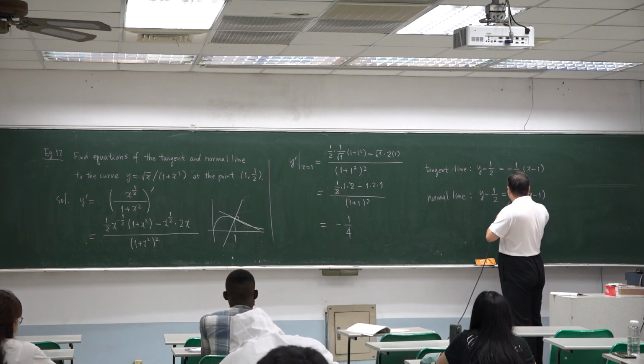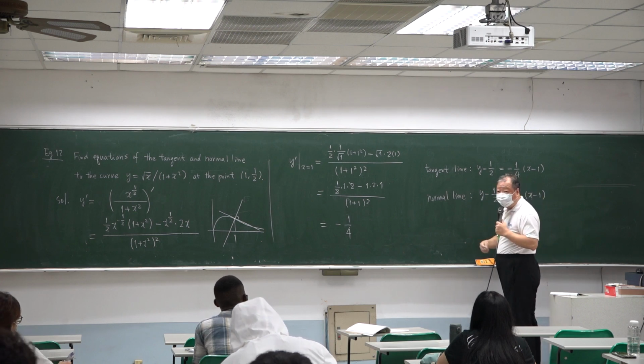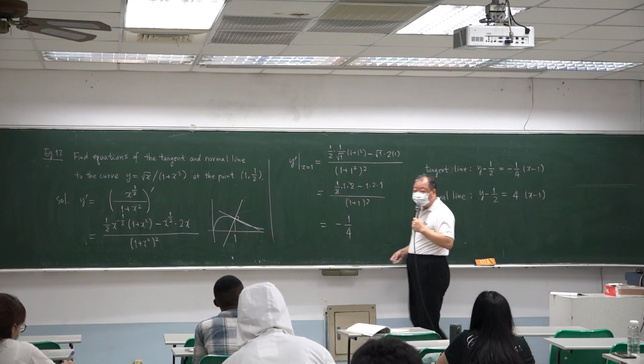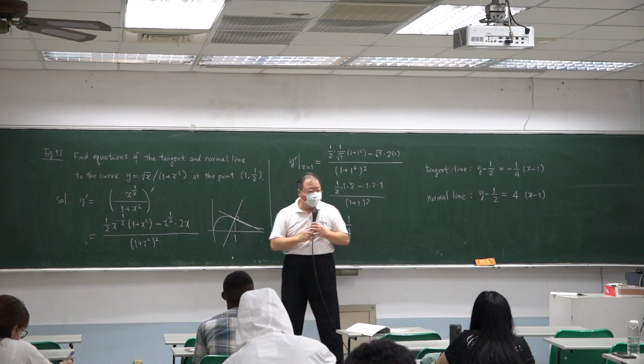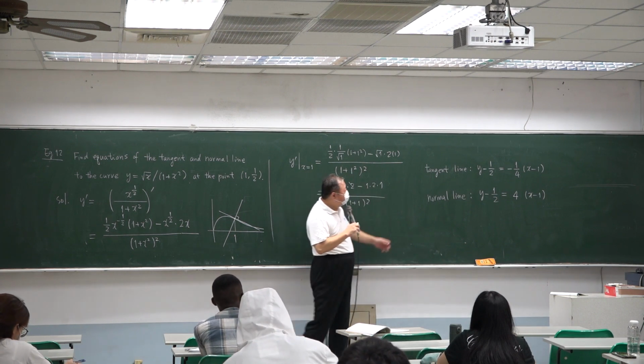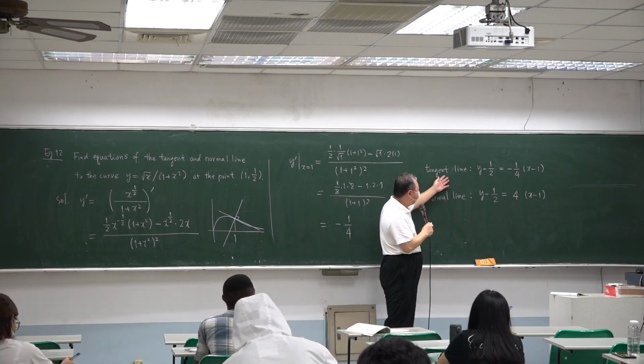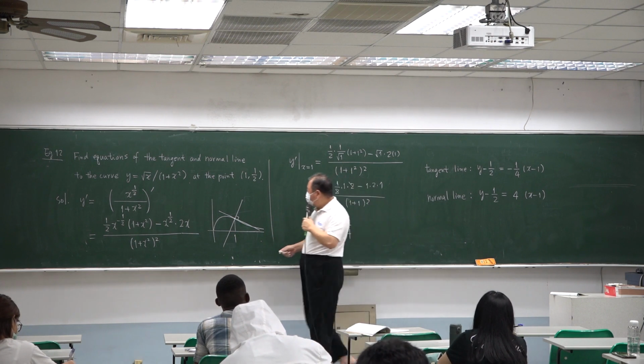Negative reciprocal means the product of these two numbers equals minus 1. Okay? This is the tangent line, because here's a slope.